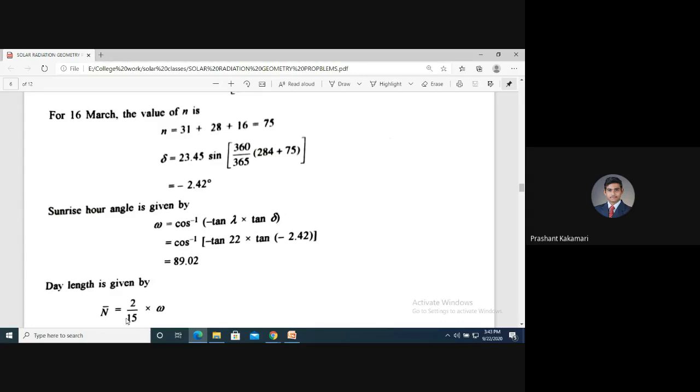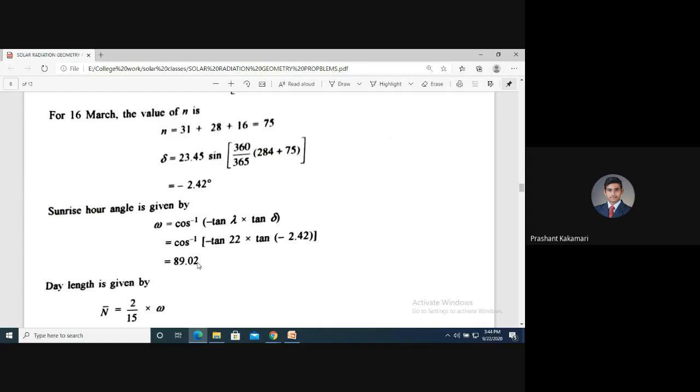Now tell me, n bar, how much are you getting? 2 by 15 into 89.02. That is S max bar here. You can write S max bar or day length TD or n bar, which can be found out by 2 by 15 into cos inverse of minus tan phi tan delta.